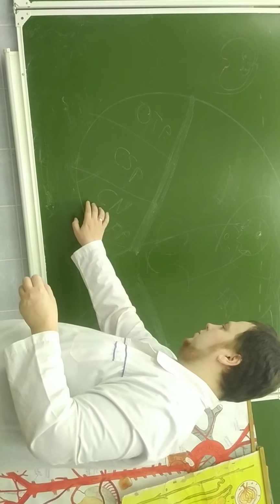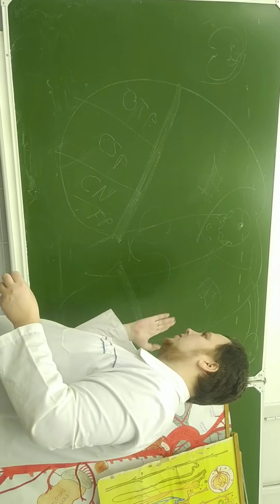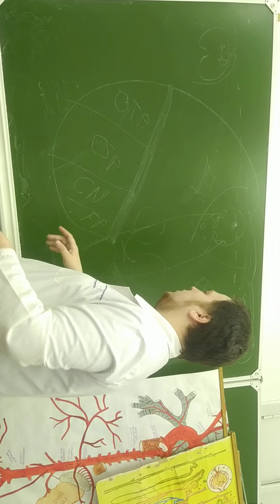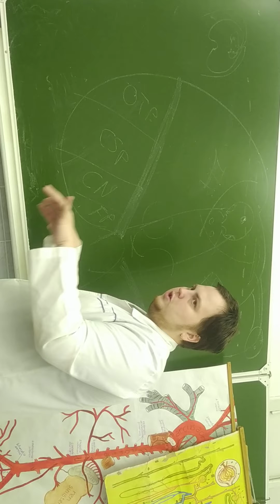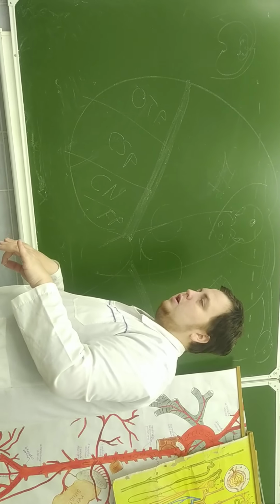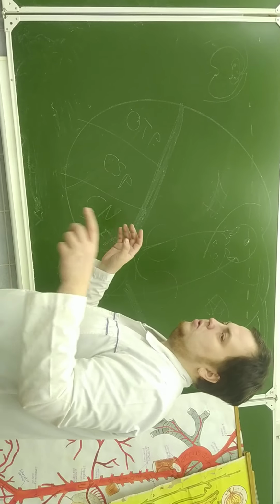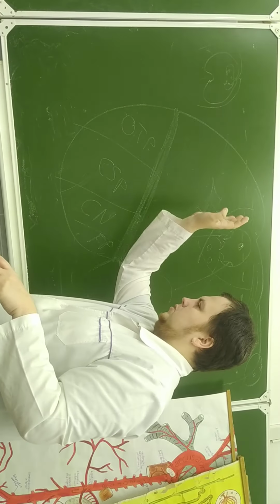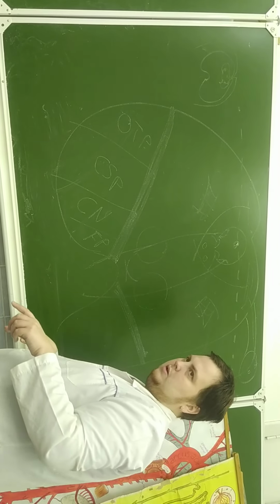So all these descending tracts which are passing from the cortex through the internal capsule go through the base of the midbrain. Then these 2 tracts finish in the ventral part of the pons, and these 2 descend downwards to the pyramids of the medulla, and this continues even further to the spinal cord.